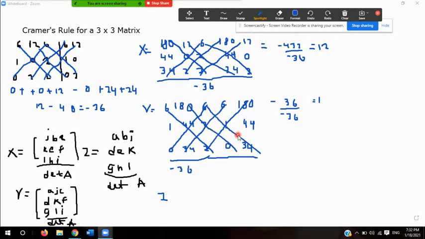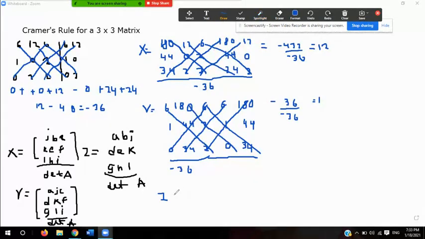And then 6 times 1 times 34. And then when I multiply that by 0 times 44 times 6, 34 times 2 times 6, and 2 times 1 times 180, the answer I get is negative 36 over 36, which equals positive 1. Now, I'm going to find the value of z. I apologize for the mistake.